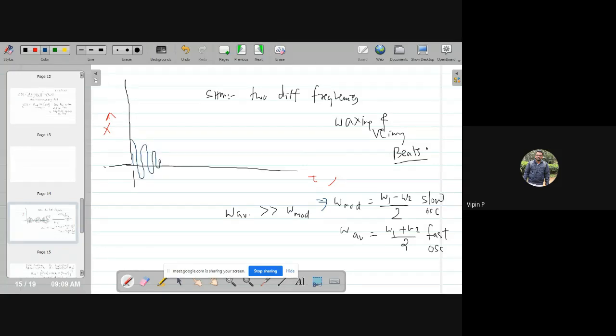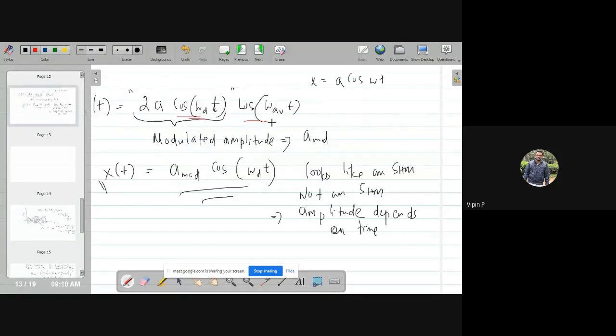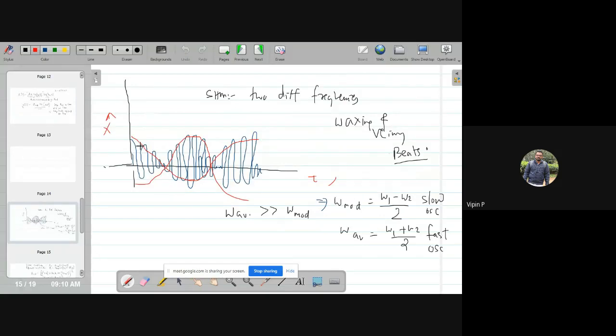And then it goes up again. I hope you understood the mistake that I made. This is how it should look, because if you look at this expression, both of them are cos. So it should be cos curves.